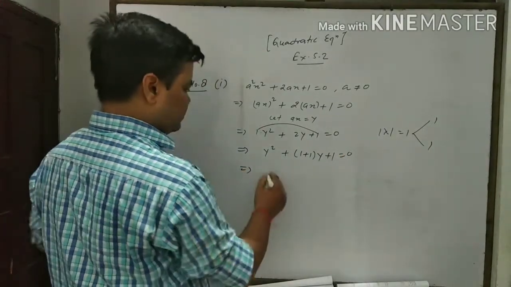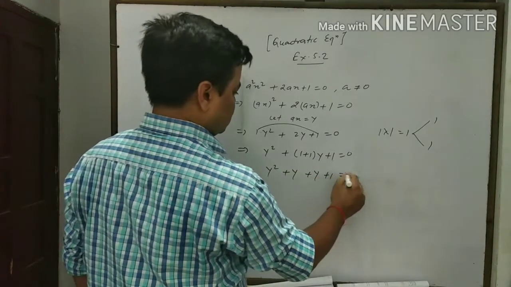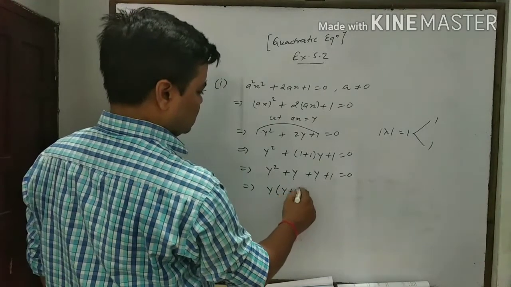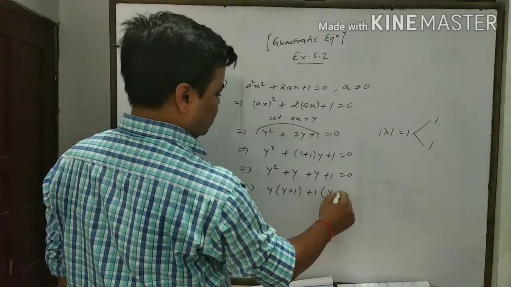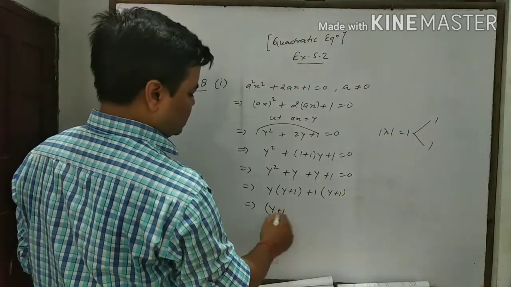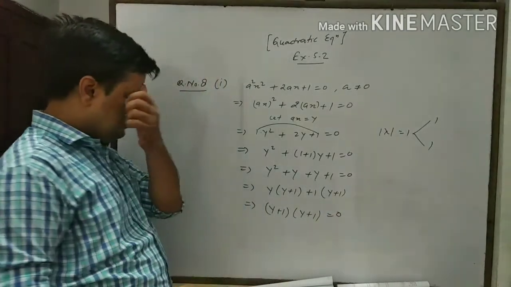This implies y square plus y plus y plus 1 is equal to 0. This implies y into y plus 1, take y plus 1 common, so y plus 1 and again y plus 1 is equal to 0.